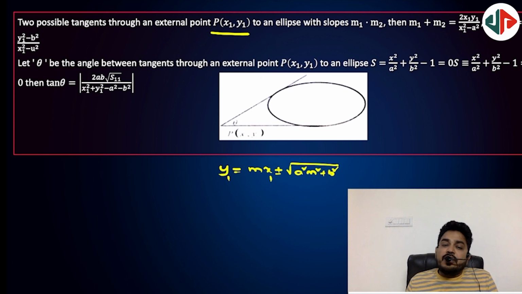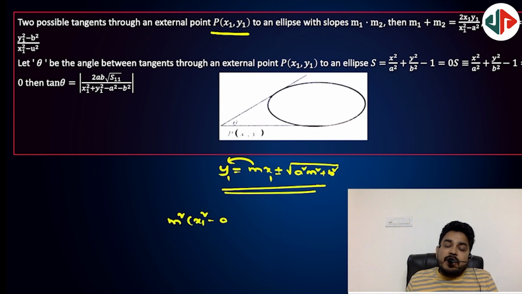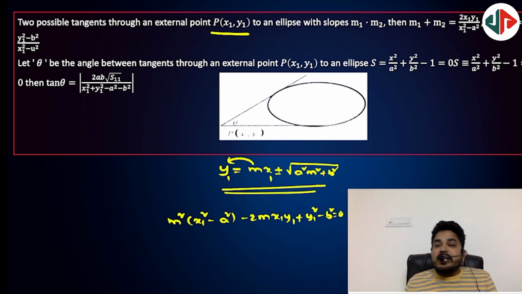You transfer this side and square on both sides, so you get a quadratic equation in m: m square into x1 square minus a square, minus 2m x1 y1, plus y1 square minus b square is equal to 0. Sum of the roots and product of the roots you can get.